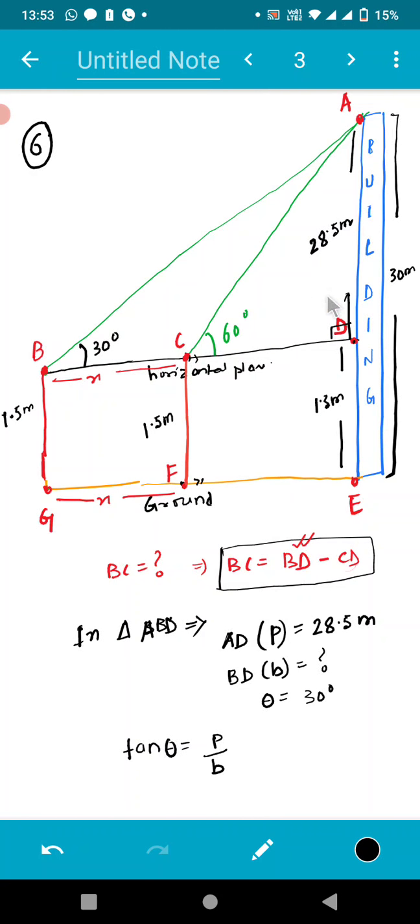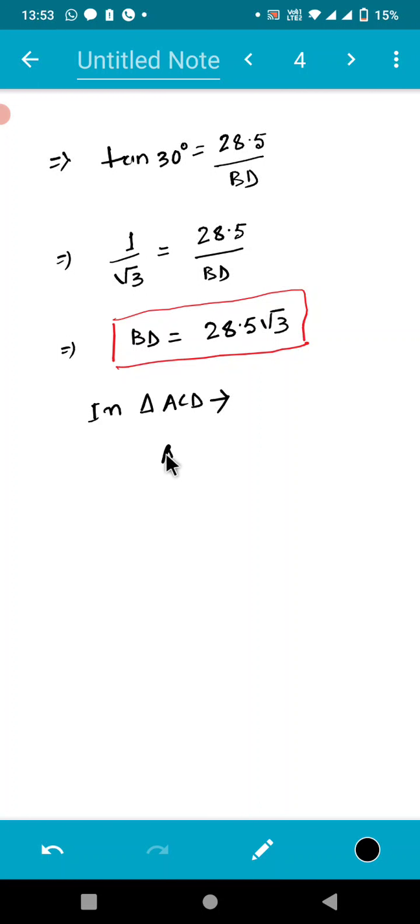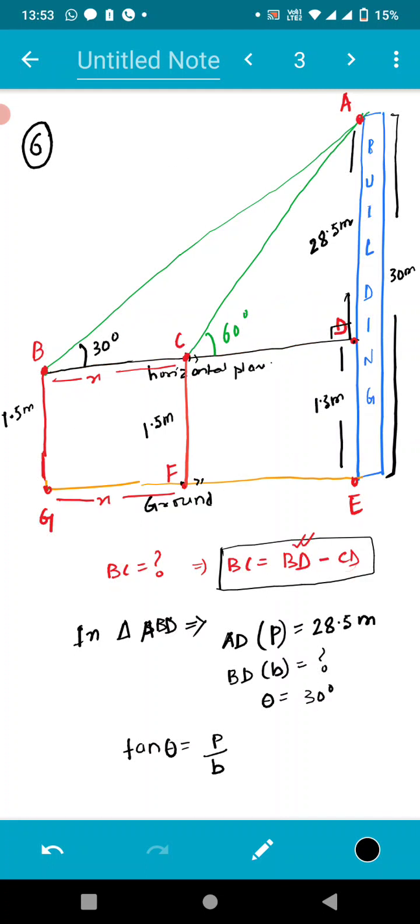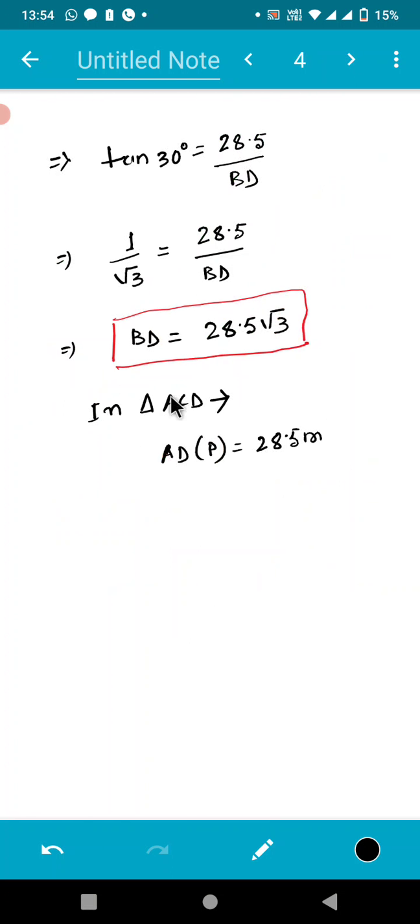AD is given, and AD is considered as what? P only. This is 28.5 meter. And what is the base this time? Base is CD. You see, this is what we have to find out. CD is base. And this time the value of theta is given as 60 degree.